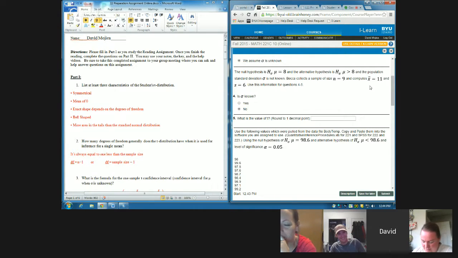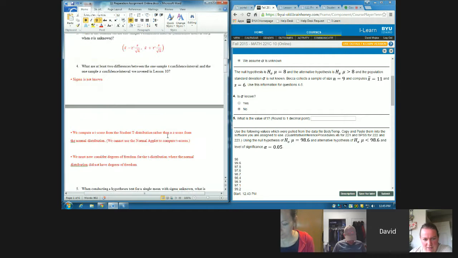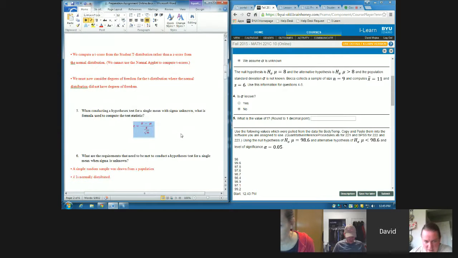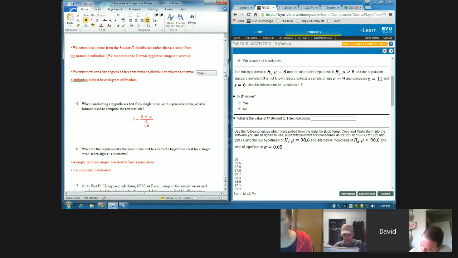What is the value of t? Okay, so we've got to plug it in. The value of t, I believe, is this one. T is the critical value, right? The test statistic, right? Do we have to use that formula?